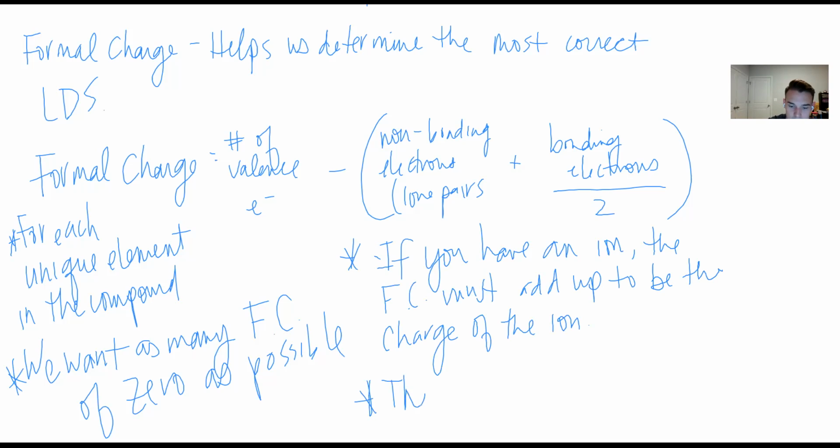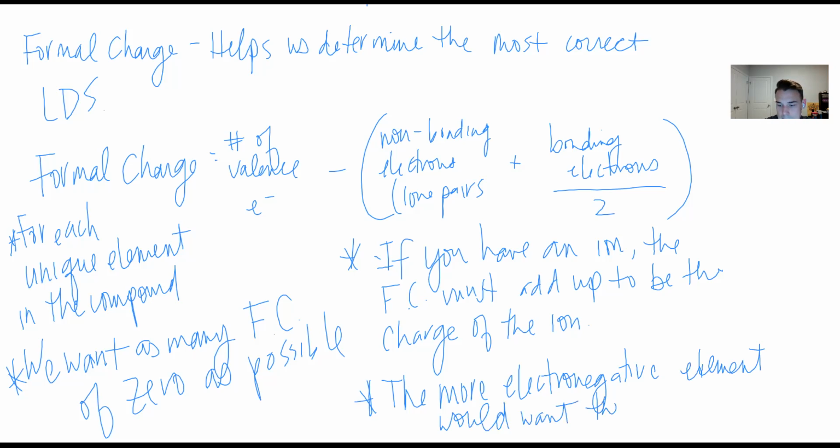And typically, the more electronegative element would want the negative charge. Okay, so I have to clear this. This is probably a good point to pause, to get all this stuff down. So I'm just going to clear this, and then I'm going to write the formal charge equation again.